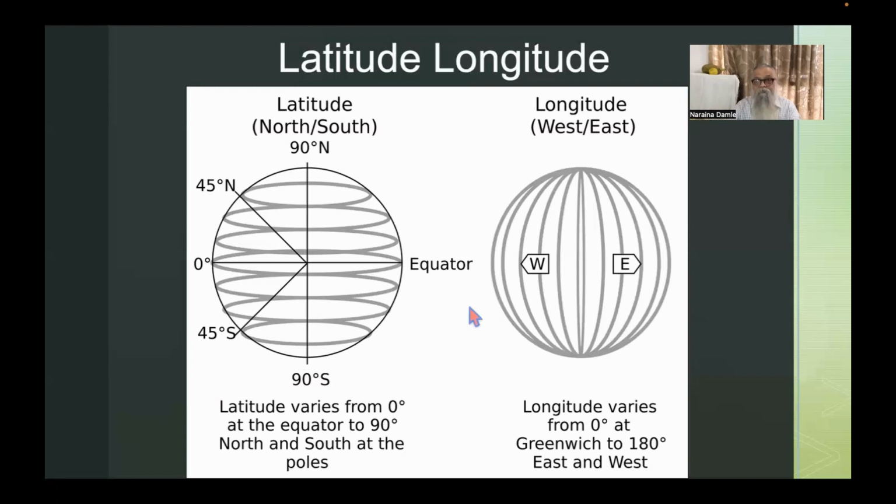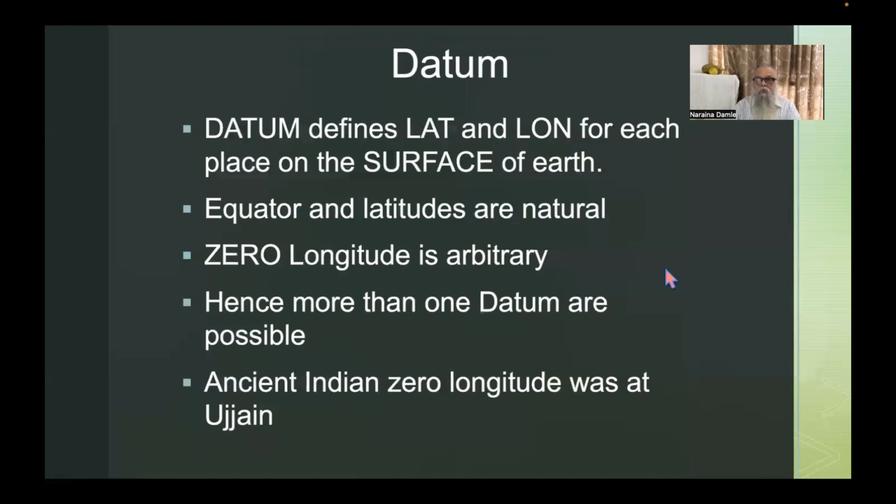Okay. Now that we know clearly how latitudes and longitudes are defined, we have to come to the next concept, which is called the datum. When I said that longitude 0 is decided arbitrarily, that arbitrary decision is also part of a datum. Meaning, what is a datum?